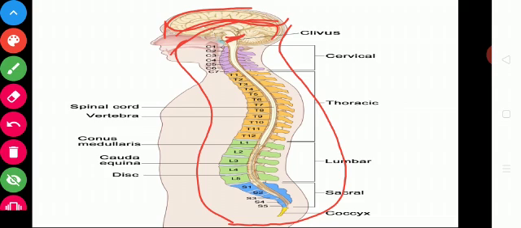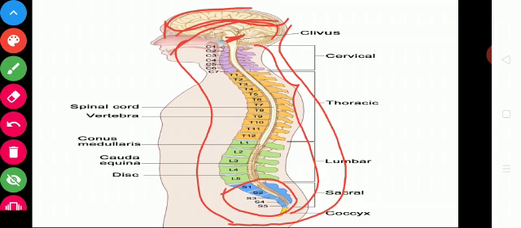It is made up of 33 small irregular bones. If you count the bones, from here to here, there are 33 small irregular bones, few of which are fused. See this part, here few of the bones are fused.